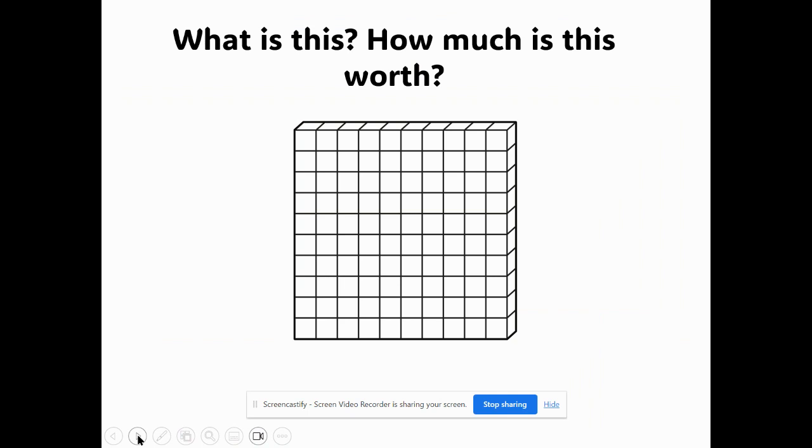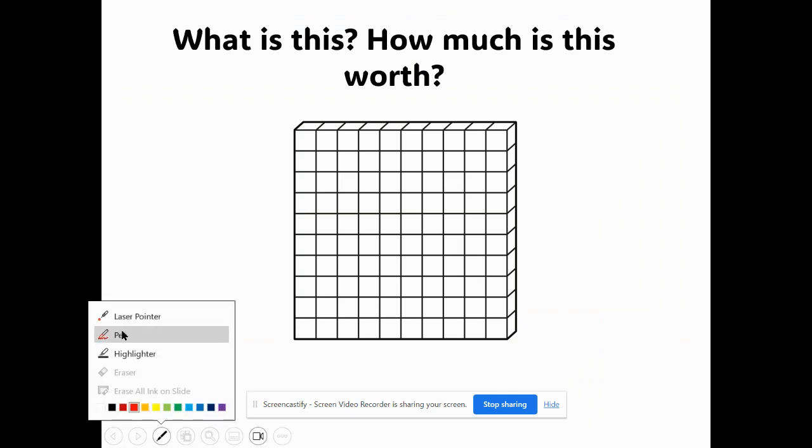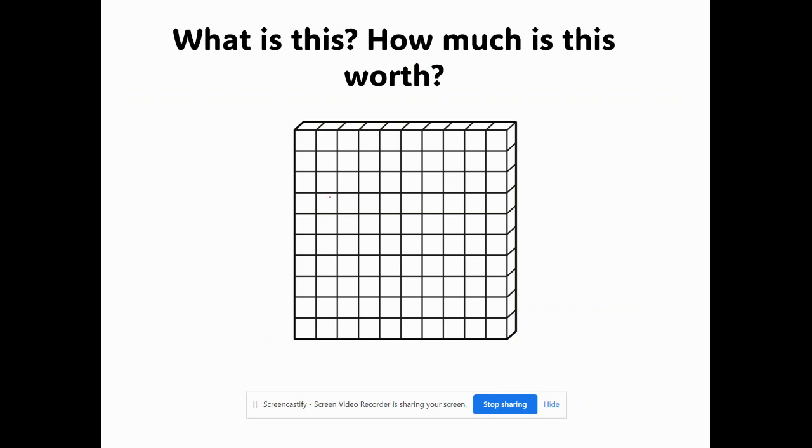All right, so what is this? And how much is it worth? If I look at this, this is called a hundreds block, and it's worth 100. That means there's 100 of these cubes in this hundreds block.